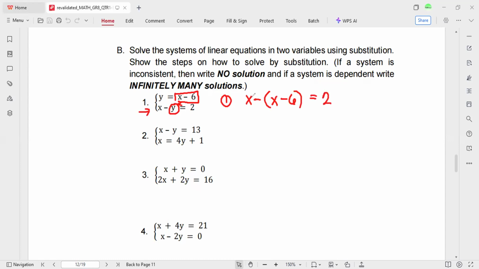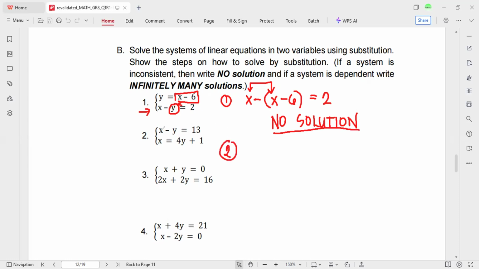So we got x minus x, that will be 0. This is no solution. Why? Because when you have x minus x, that will be 0. It is not possible, because if we don't have the variable x, it is not possible. So, no solution.